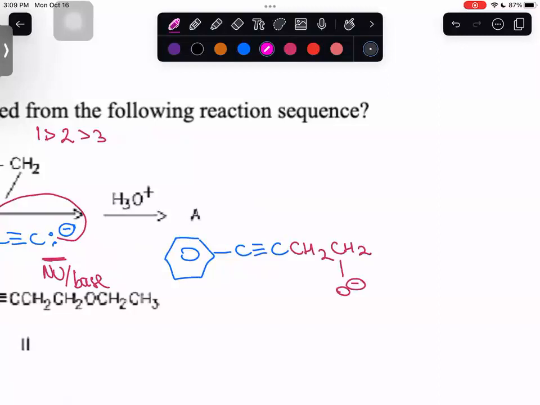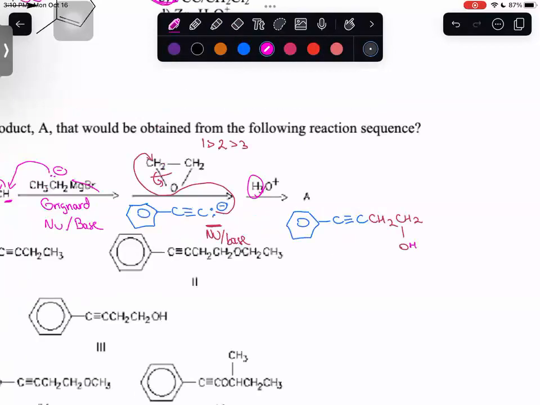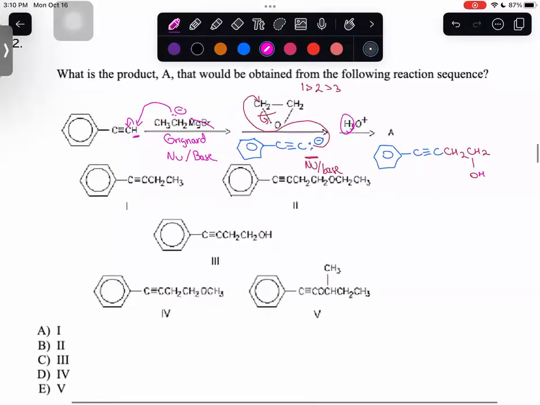Now, with the acid, H3O plus, what am I gonna do? I'm just gonna protonate it. So this hydrogen is just gonna go over here. So we have an alcohol group at the end. So if we're creating that product, which of the following answer choices is my answer?